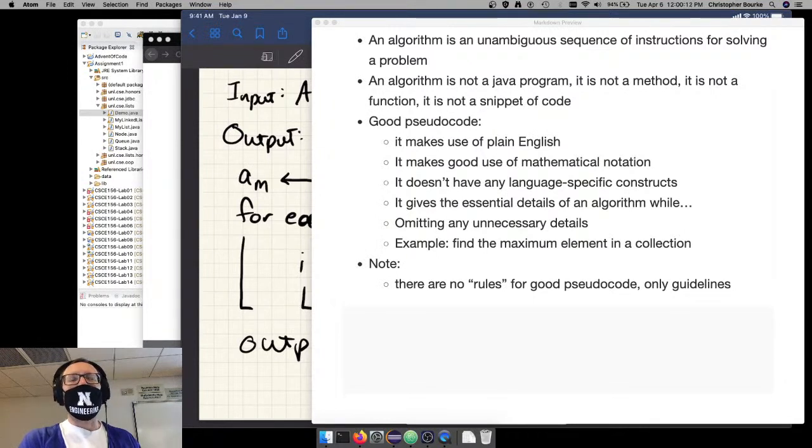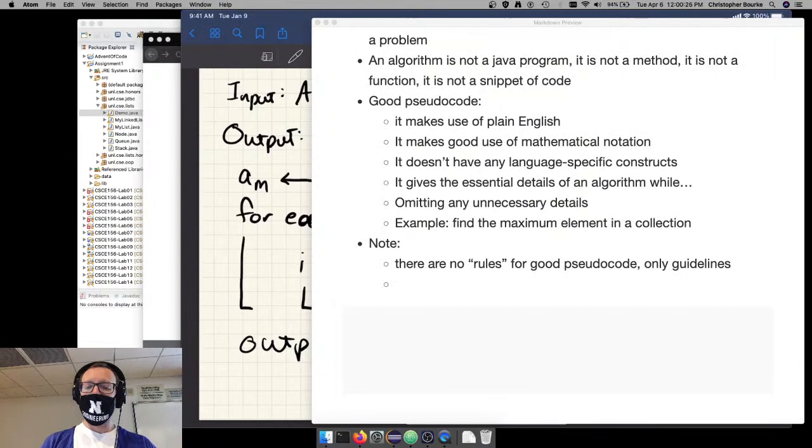What is Java? It is a set of syntax rules for describing an algorithm, right? It's code. It's no longer pseudocode, right? So there are no rules for good pseudocode, only guidelines, right? Adopt any style you like. Keep it consistent, right?